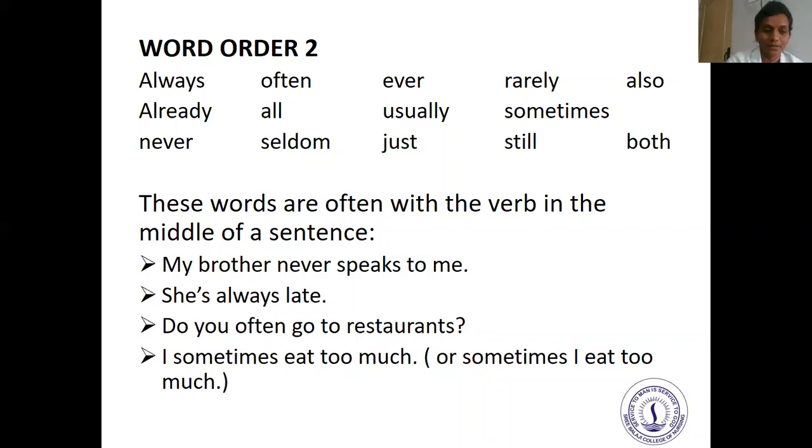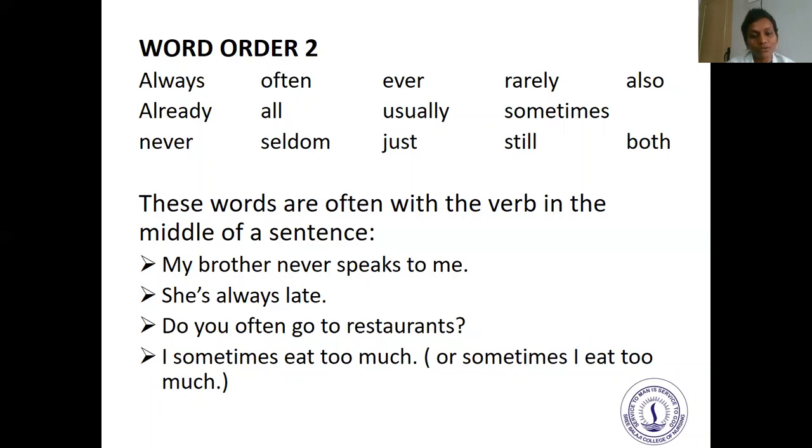For example, my brother never speaks to me. You should not say, my brother speaks to me never. So it will be placed in the middle of your sentence. My brother never speaks to me. She's always late. So don't say she's late always. It is wrong. She's always late.